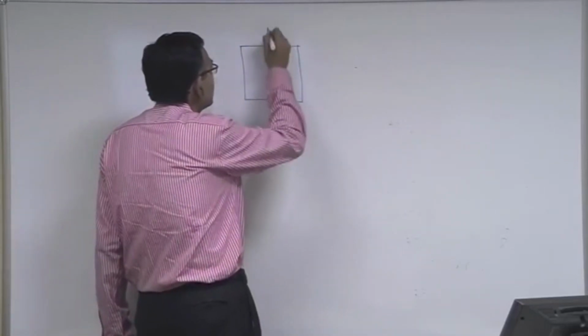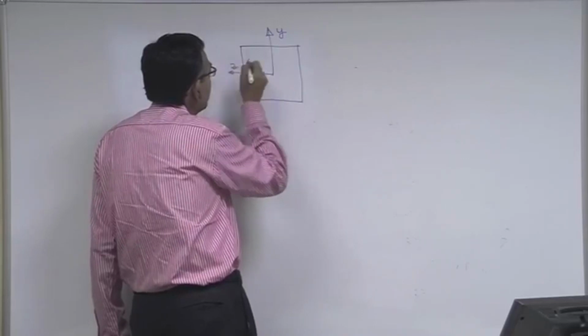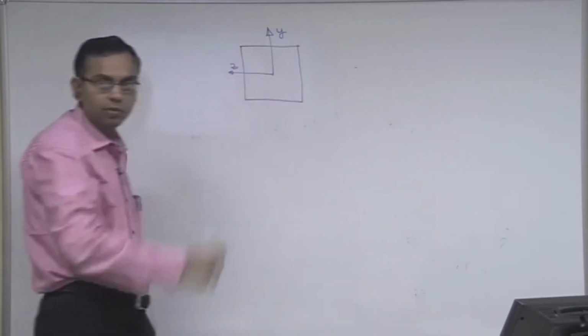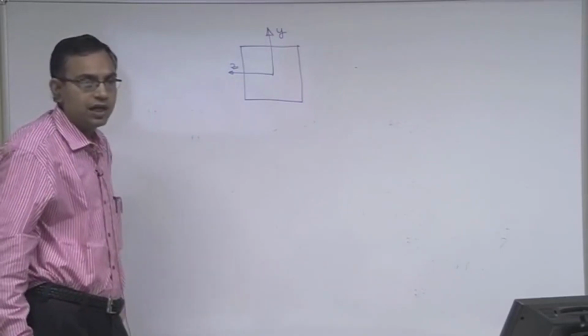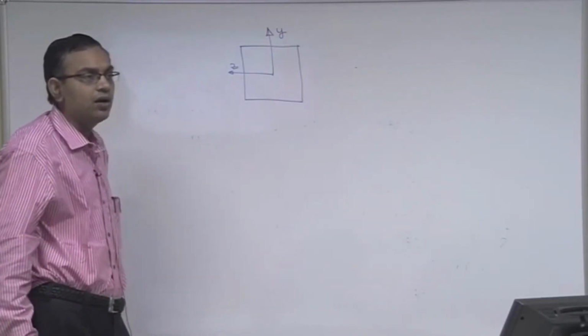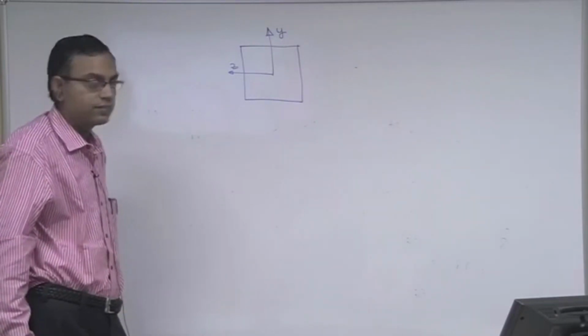Let us say this is y axis, this is z axis, and perpendicular to the plane of the board is the x axis, and the pressure gradient is applied along the x direction. So there is a dP dx.